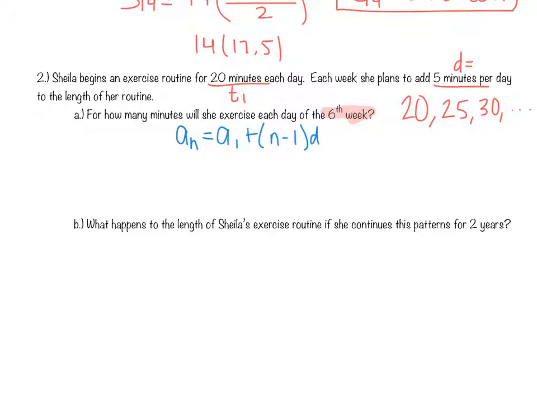We can use it to find the 6th week. So a of 6, or the 6th term, is going to be the first term, 20, plus 6, it's the 6th term we're trying to find, minus 1, times the common difference, which is 5. 6 minus 1 is 5, 5 times 5 is 25, 20 and 25 is 45. So the 6th week, her workouts will be 45 minutes.